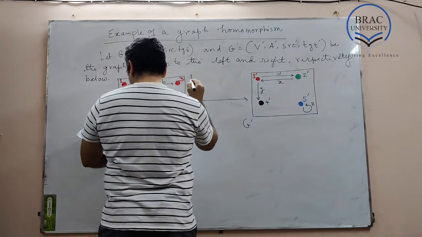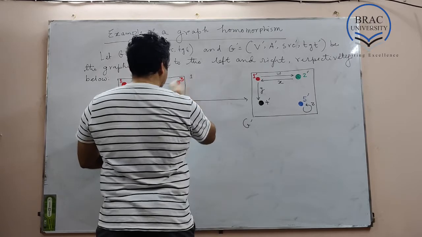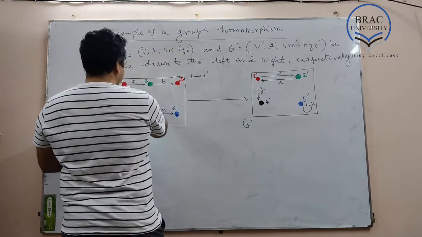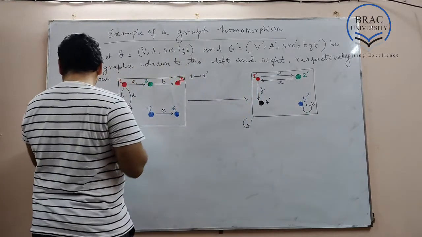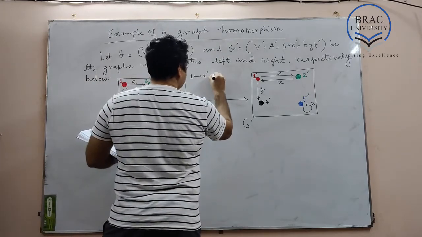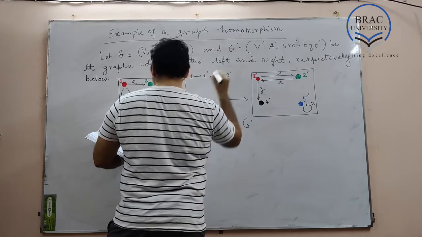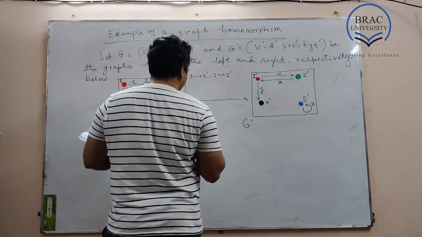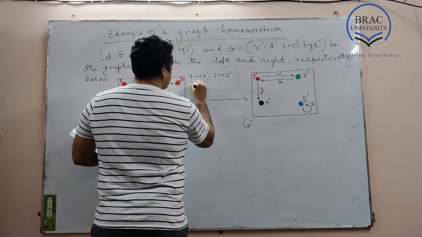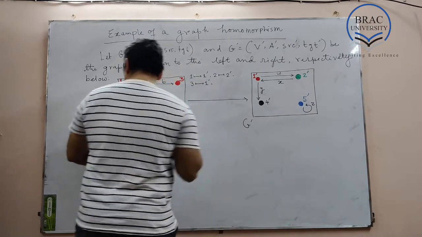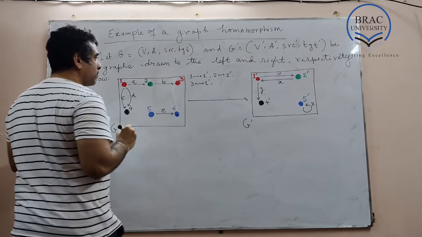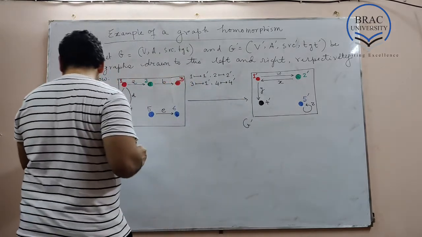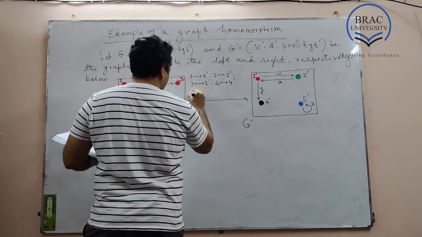I'm just writing down how the vertices are mapped from one graph to another. 1 is mapped to 1 prime because 1 and 1 prime have the same color, and 2 is mapped to 2 prime because 2 and 2 prime have the same color. 3 is mapped to 1 prime again because 3 and 1 prime are both red. 4 is mapped to 4 prime because they are both black. 5 is mapped to 5 prime because they are both blue.